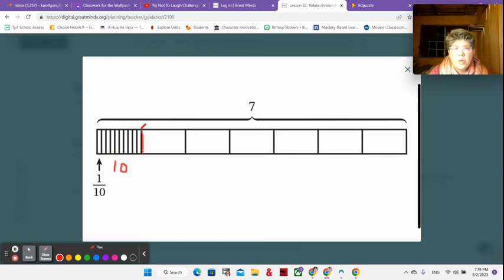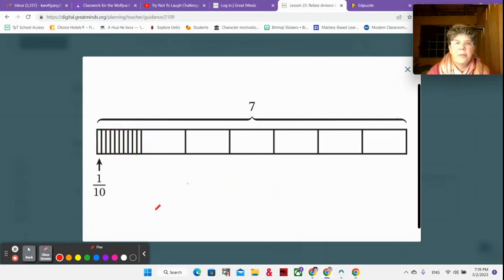If this is 1, this is 1, 2, 3, 4, 5, 6, 7. So if there's 10 tenths in 1, then that would make 20 tenths, 30, 40, 50, 60, 70. How many tenths are there in 7? There are 70. Okay, do you see that?